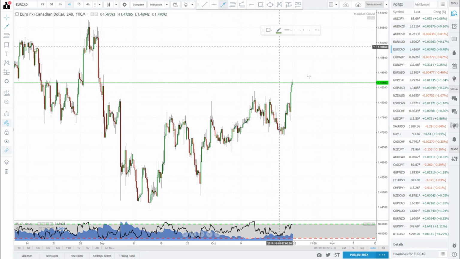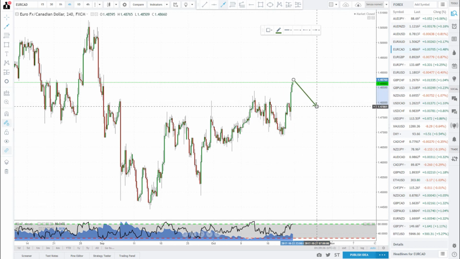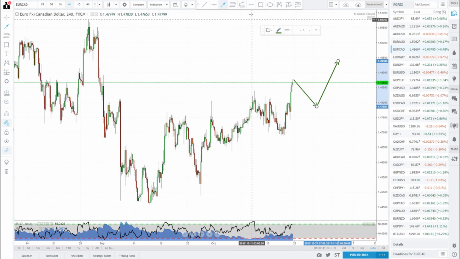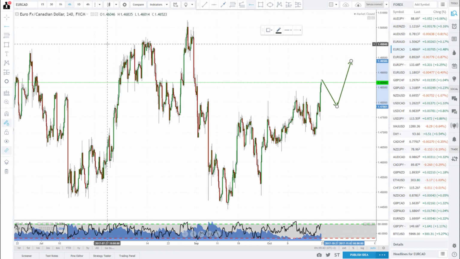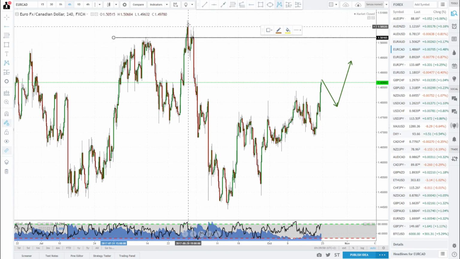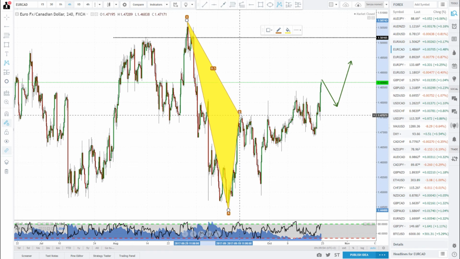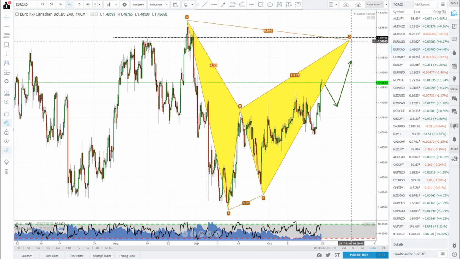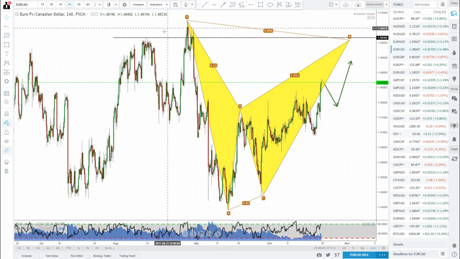If it goes directly back to here, I'm going to trade on the upside, and basically what you want to take into consideration is that price may arrive at this high here, and this point will also create an advanced pattern formation that is completed right at the upper edge of this previous structure.